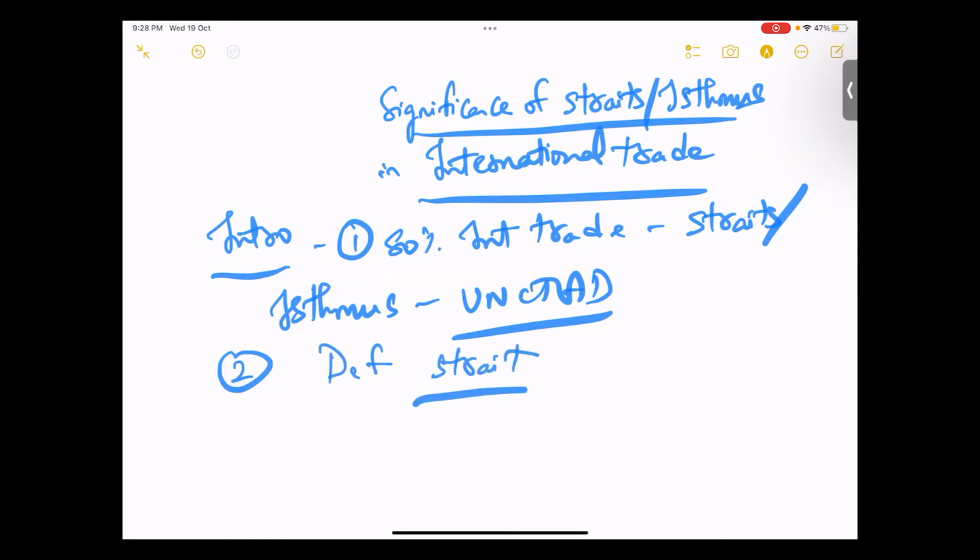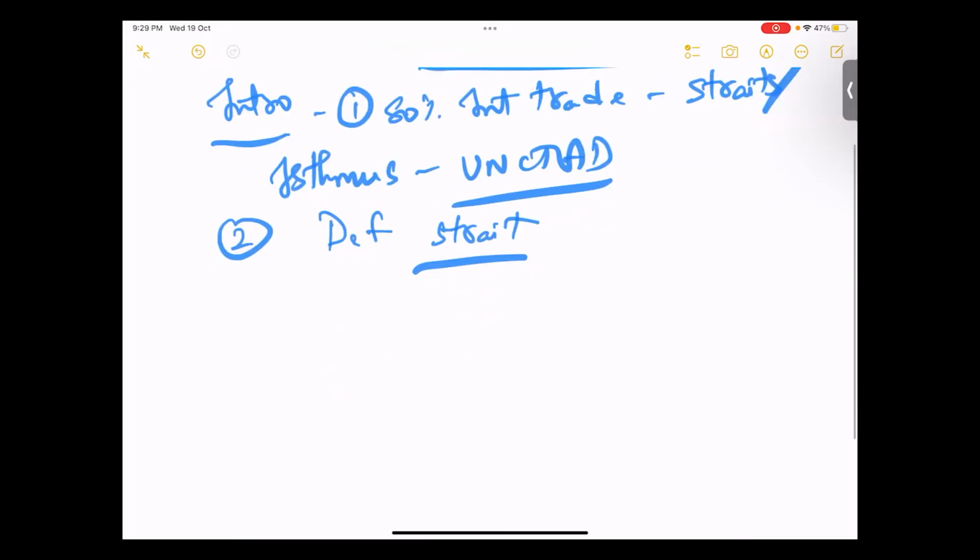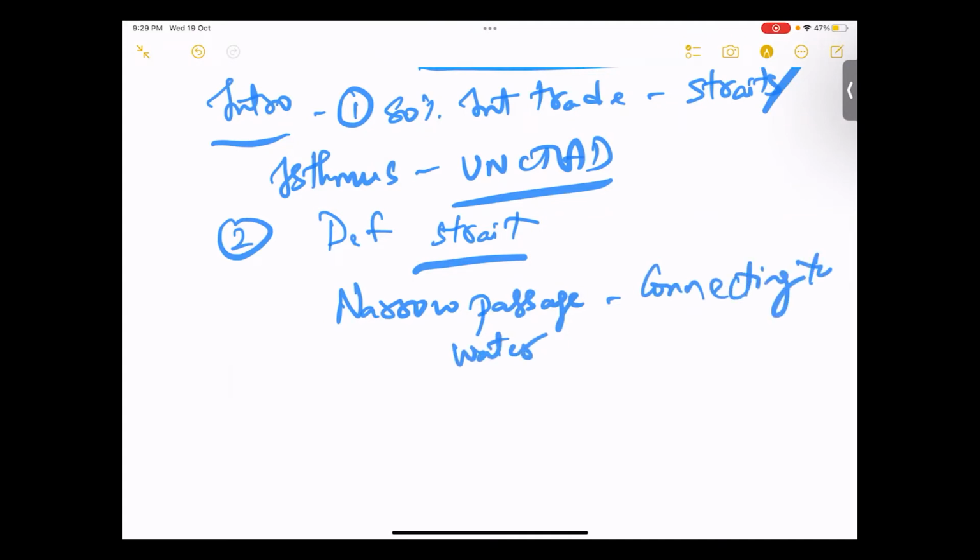What is a strait? It's a narrow water body connecting two large water bodies. Yes or no? Yes, sir. It's a narrow passage of water connecting two large water bodies.